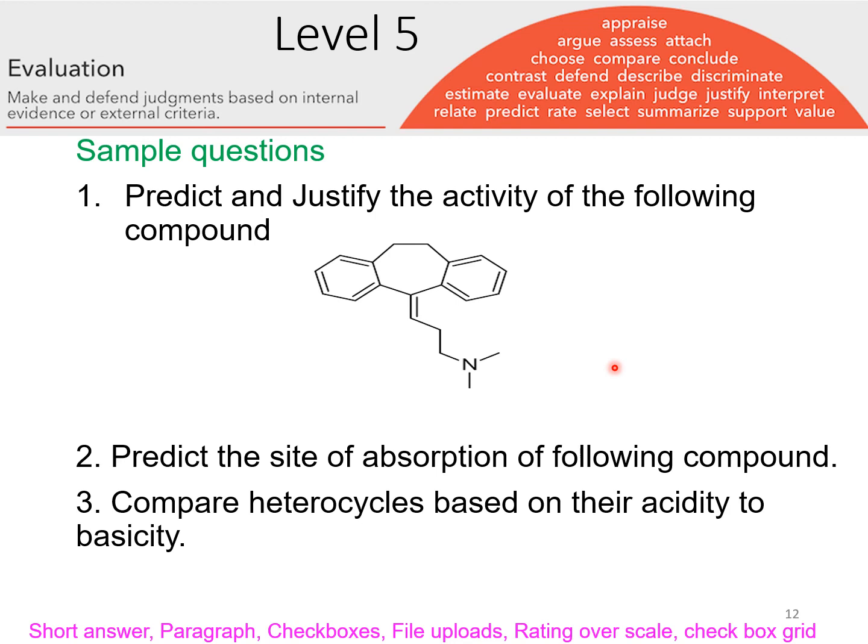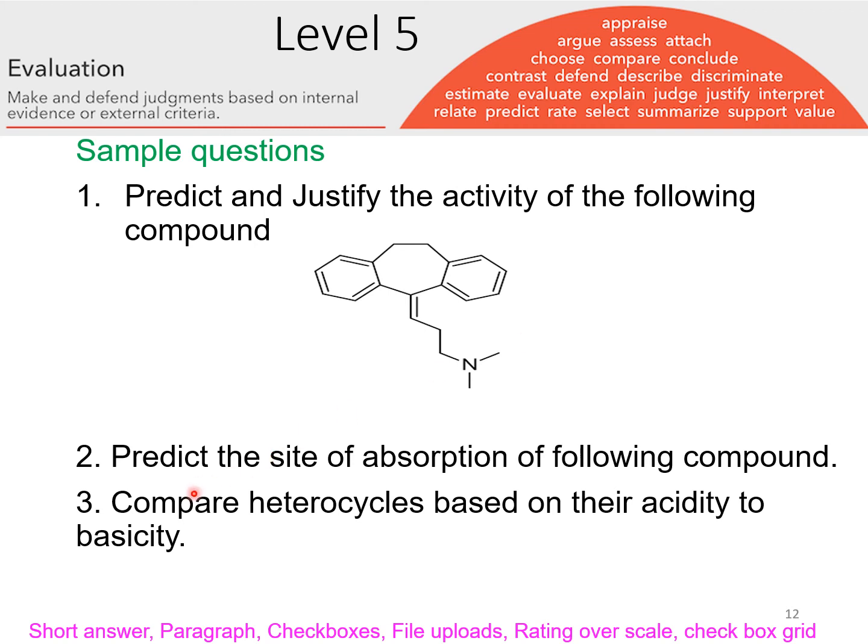This tricyclic skeleton, it has antidepressant activity. So this is the knowledge they have developed. They are able to spot the heterocycle or a particular nucleus present. But now they should be able to come up with some judgment, and they should be able to justify why this will have a particular kind of activity.